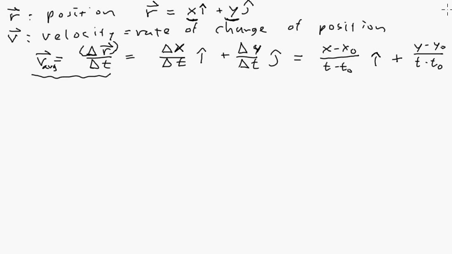My j hat got out of the frame there, but there's j hat. Whatever you like, it all follows through naturally and very intuitively, I think, from our definition of position as this 2 or 3 dimensional vector.